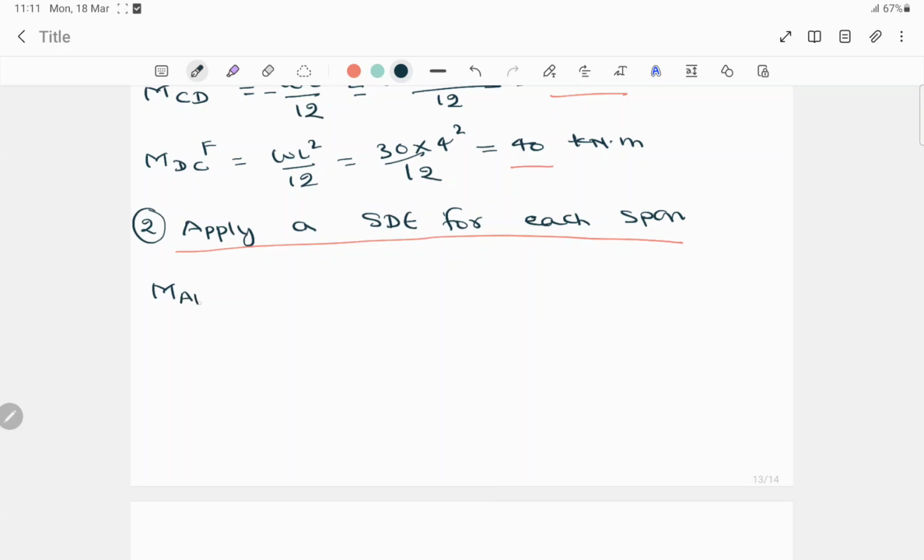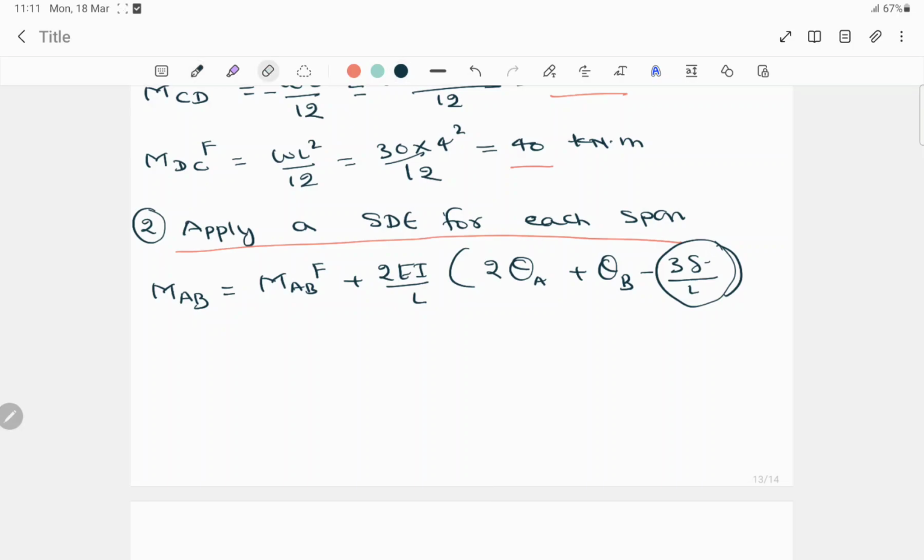M_AB is equal to the fixed end moment from A to B plus 2EI by L bracket 2 theta A plus theta B minus 3 delta by L, where delta is the deflection. In this question there is no deflection, so we can directly ignore this term and keep the equation up to here only.